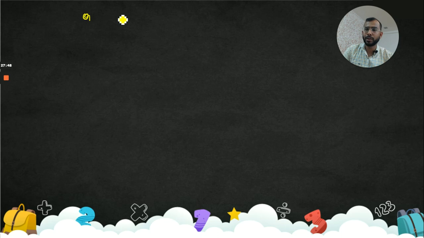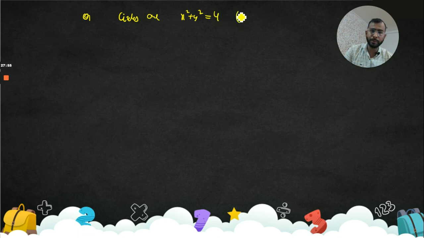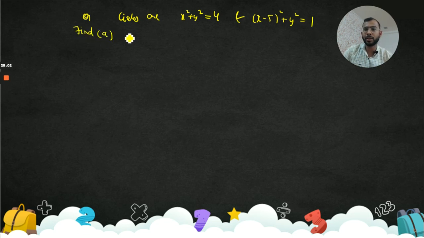Question is, circles are x square plus y square is equal to 4 and (x minus 5) square plus y square equal to 1. Find, first, relative position of two circles.